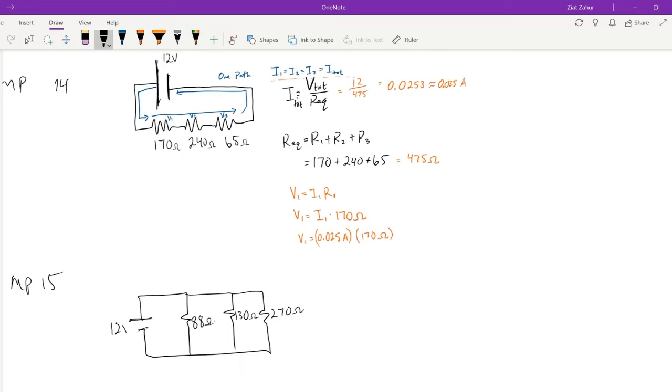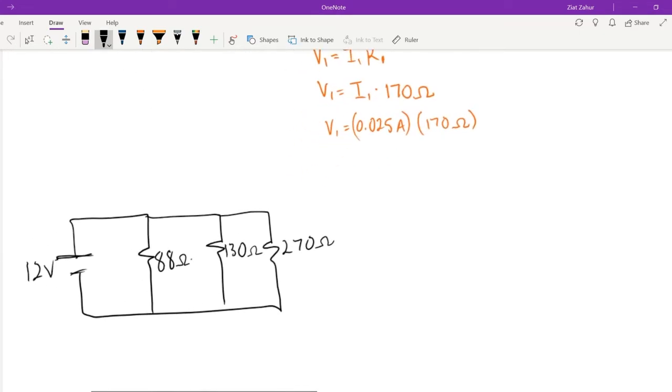This is still 12 volts from the battery. Same thing. So I want to know how much current is supplied by the battery. So whenever it says by the battery, that means the total. How much current is coming out of here? That's I total. And of course I total will split up into 3 parts, 3 little capillaries.